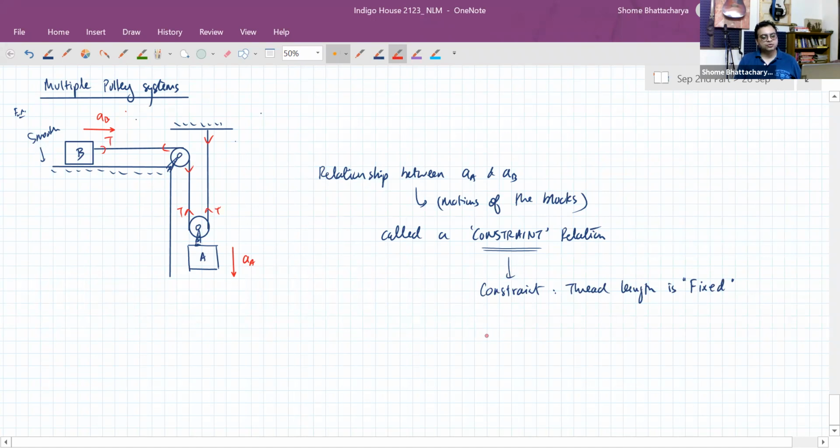So now let us understand what this constraint relation is exactly. Just make a note of this diagram first, then I'll explain the constraint relation.